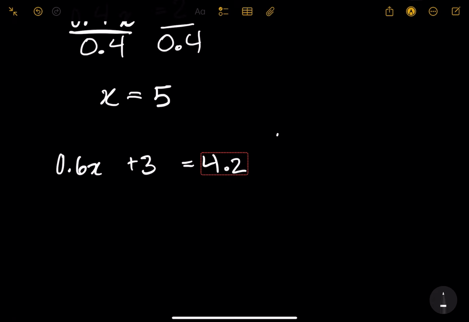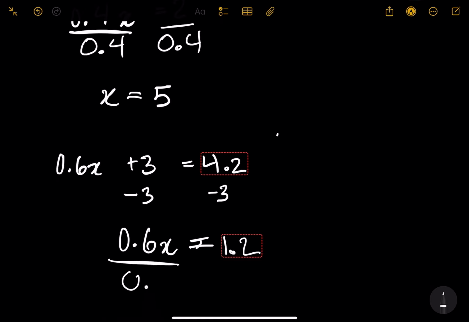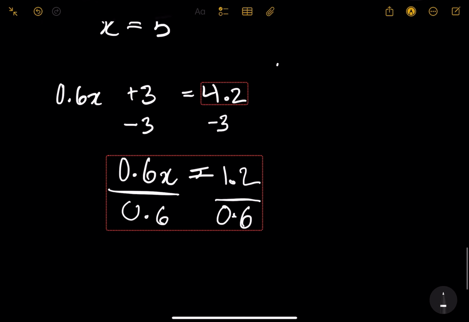Now to solve, we have to isolate the variable term, which is the 0.6x, and then we see there's an added 3 here, so we're going to subtract the 3. 0.6x is equal to 1.2, and then you divide both sides by 0.6, and then you get x is equal to 2.